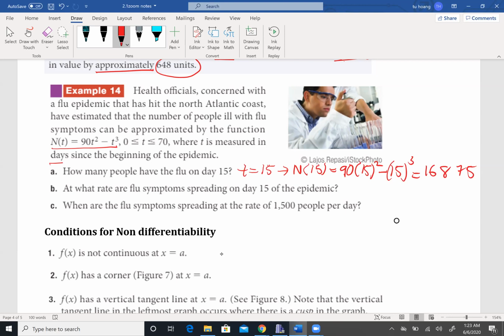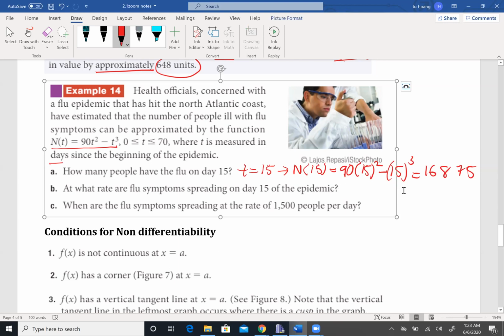Now, at what rate are flu symptoms spreading on day 15 of the epidemic? So in this case, you are looking for the change. You are trying to figure out how much is increasing or decreasing after 15 days.